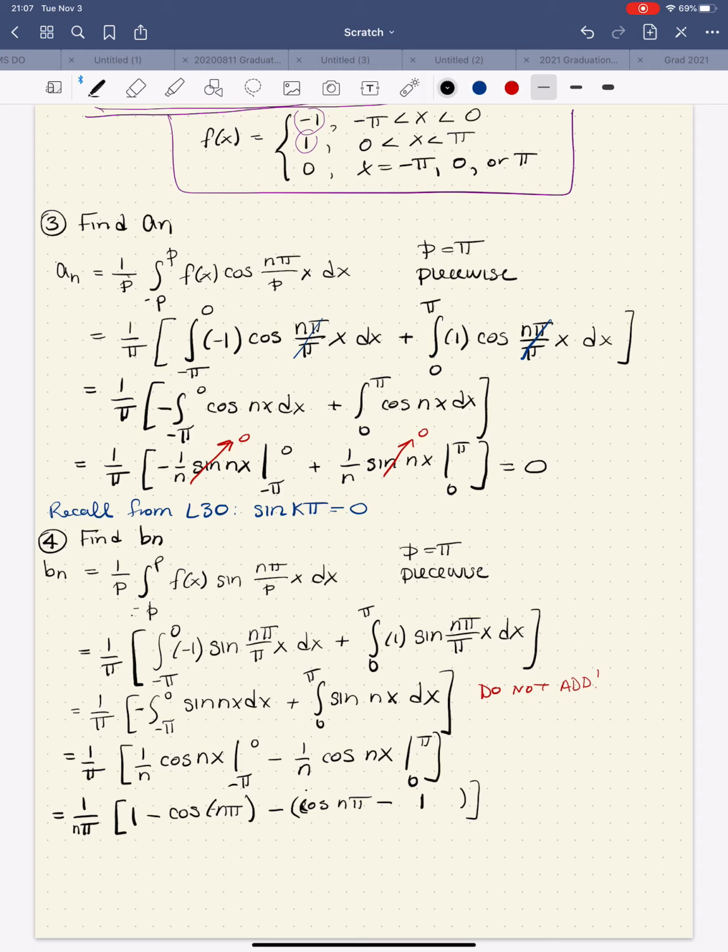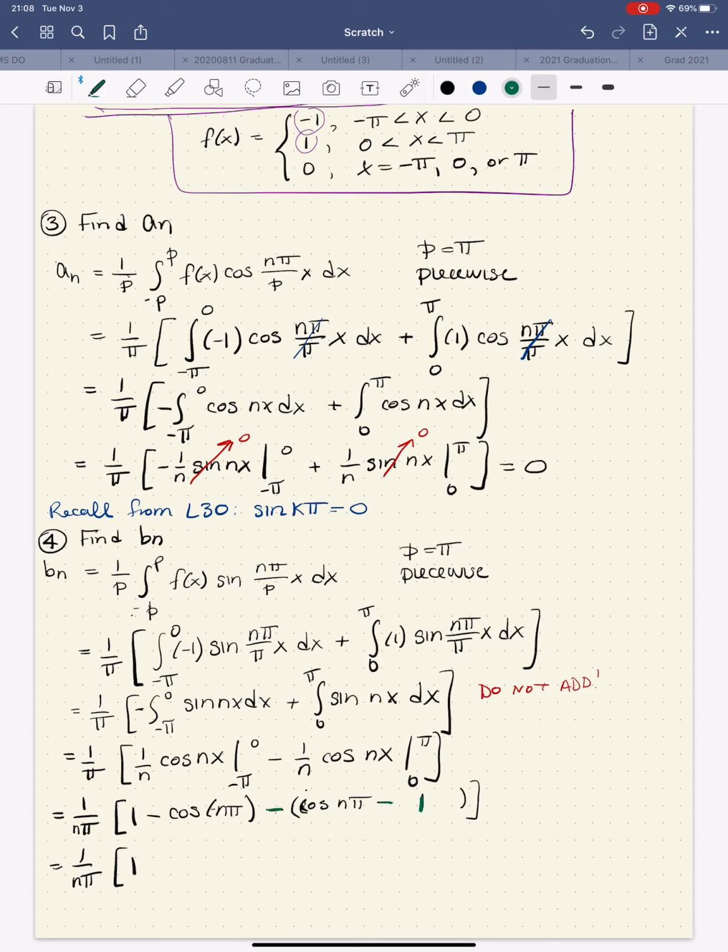Okay, so let's be very careful with the signs and very careful with what we come up with here. So 1 over n pi. All right, so I have 1 and minus cosine of n pi. What you can see here is I have a 1 in this line above, and then I have a minus. You have minus a negative 1.